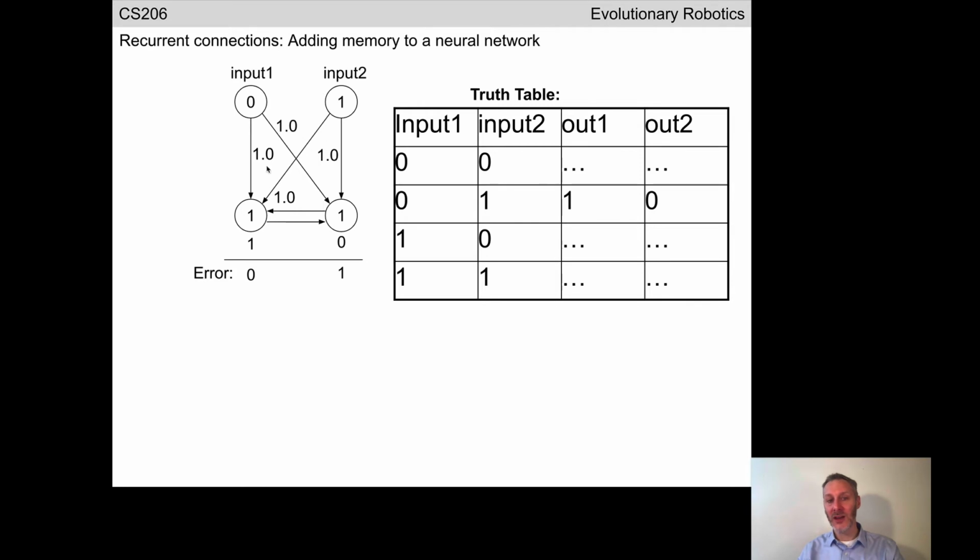I'm only showing the values of the first 4. I'm not showing you the values of the other 2. Like before, we supply 0 and 1 to the input layer, and we want this neural network to produce 1 and 0 at the output, but it doesn't. It outputs 1 and 1 instead.